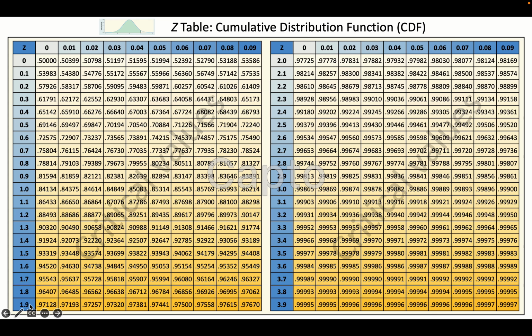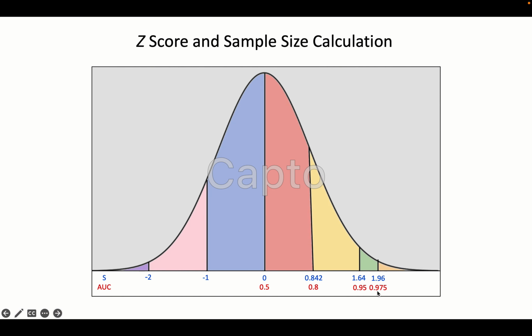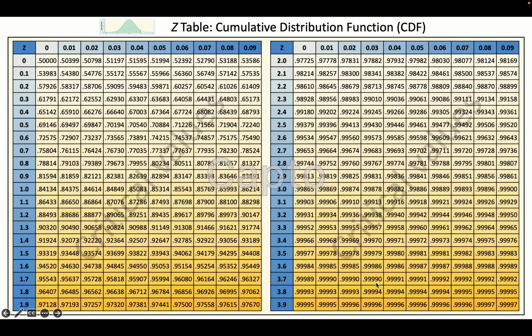So what I mean by this is that the area under the curve for 1.90 is exactly 0.97128, right? And then if you move on, the area under the curve for 1.96, which is here, is exactly 0.975, which is exactly this quantity that I gave you here, right?